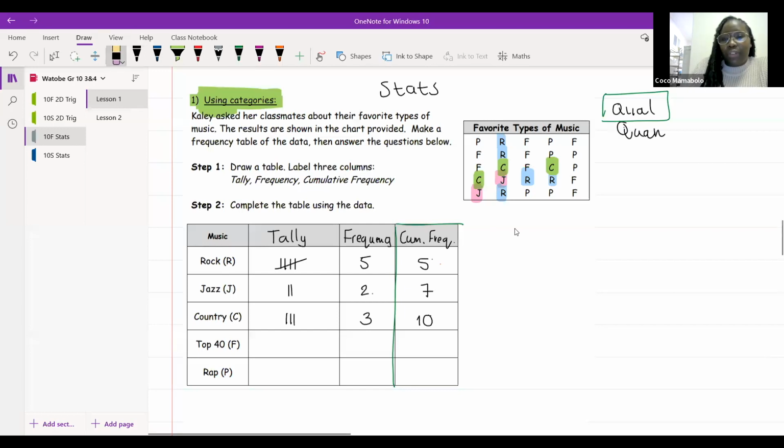So cumulative frequency actually helps us in finding out things like the mean. We're going to be able to see the mean from cumulative frequency, and I'm going to explain why. And from frequency, we're going to be able to see the mode. And from cumulative frequency, we'll be able to calculate the range without us having to calculate.